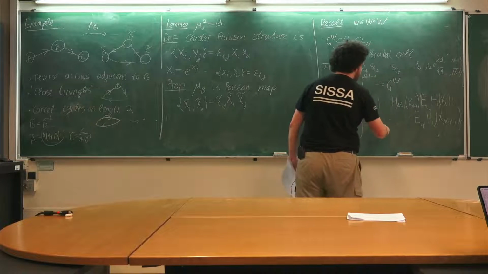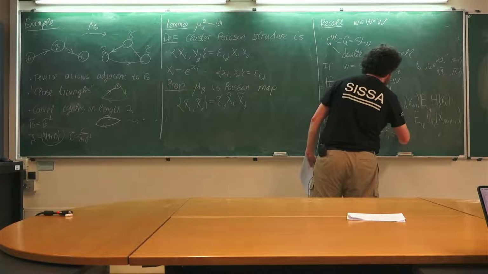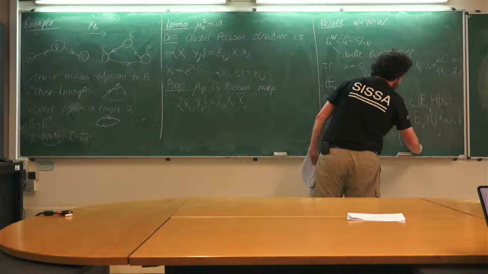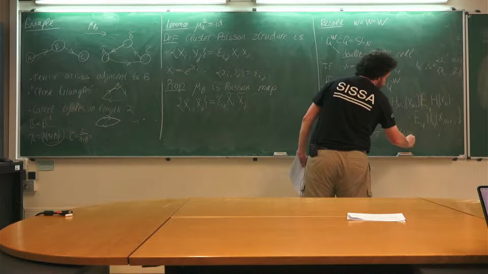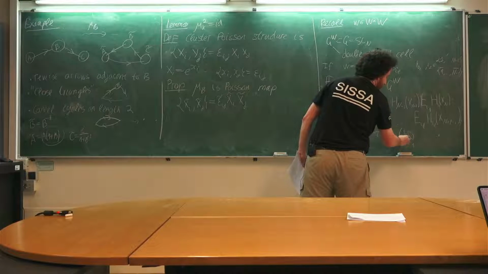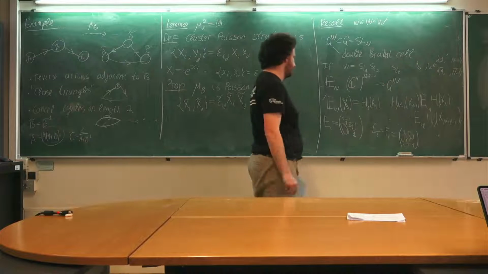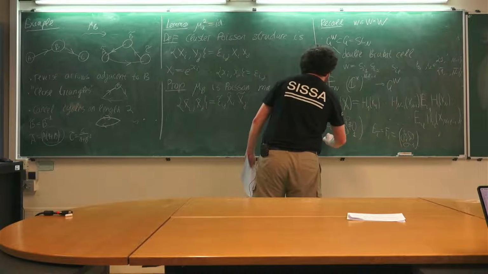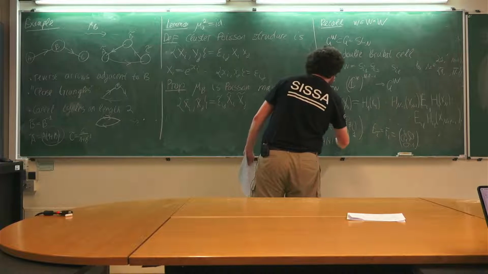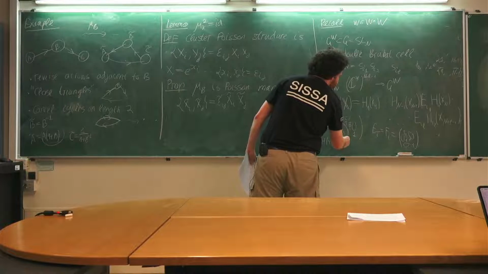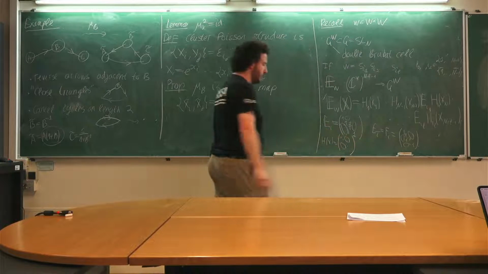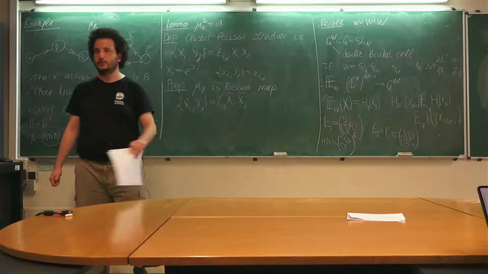And E_I bar, which is F_I, is a matrix which has units on the diagonal and 1 unit below the diagonal in the i-th position. And H of X is some Cartan matrix, which maybe I will not recall.